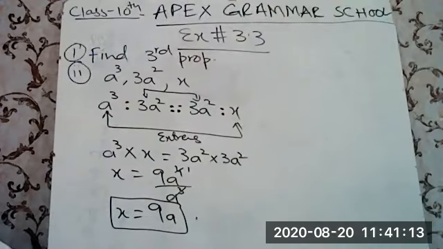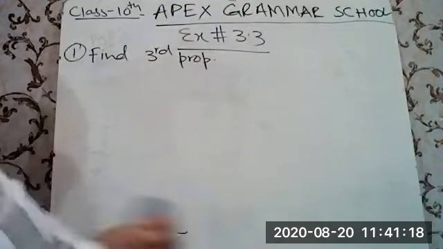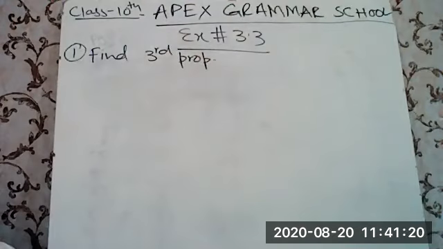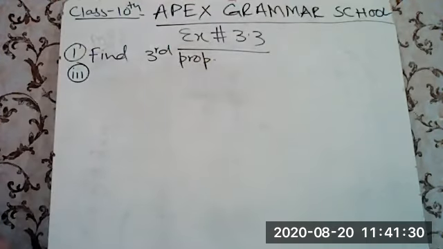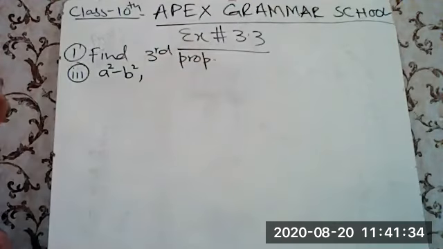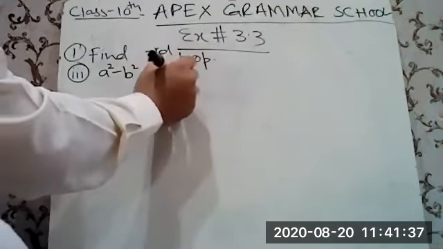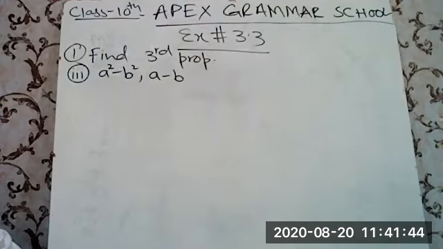Now for the third part, we need to find the third proportion between a square minus b square and a minus b. Again it is the same criteria as to how we find the third proportion between them.